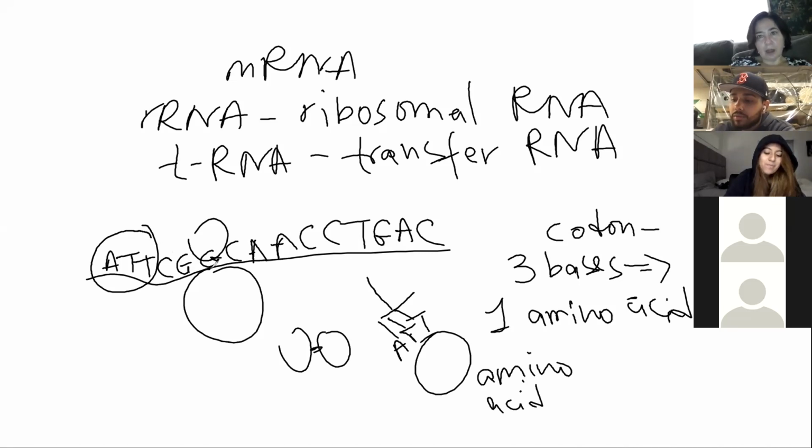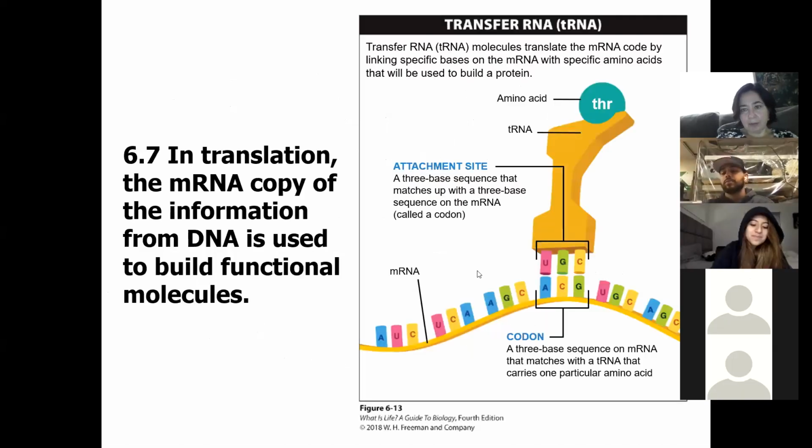So if I go back to PowerPoint, what you can see, this is messenger RNA, this is transfer RNA. Remember, they're complementary, right? So A goes with T, but in the case of RNA, instead of T, there is U. So they have to match: 3 letters on messenger RNA, 3 letters on transfer RNA.